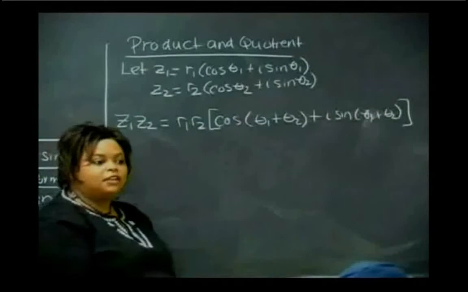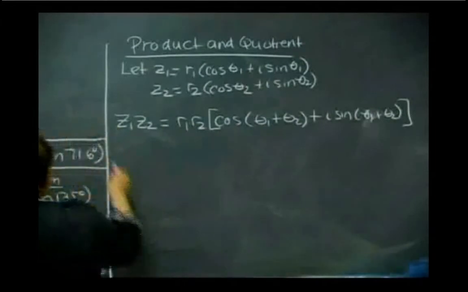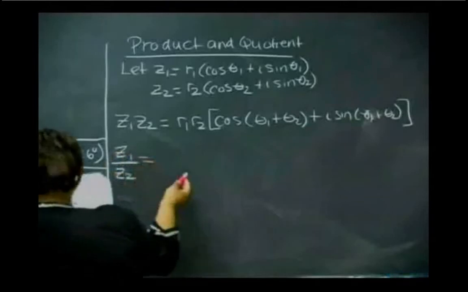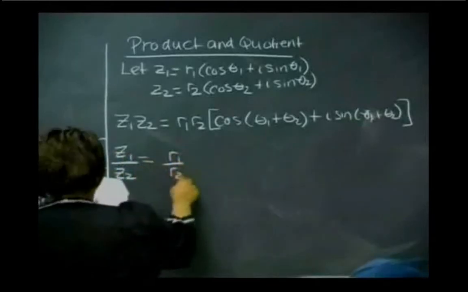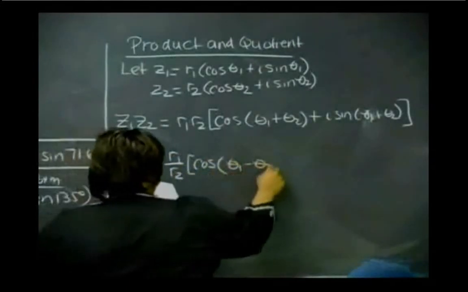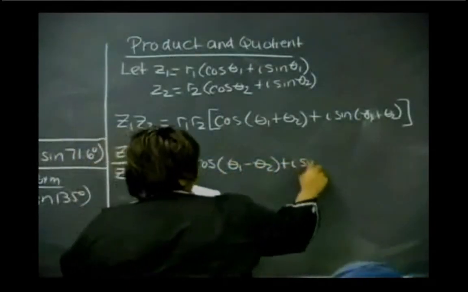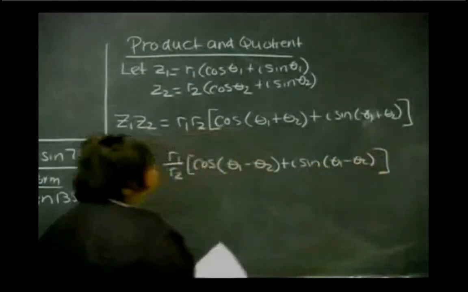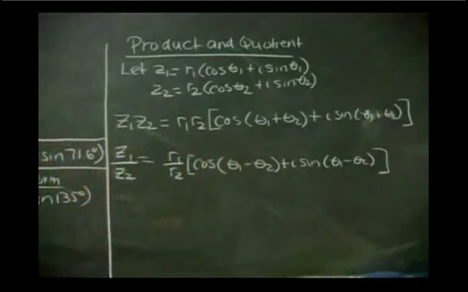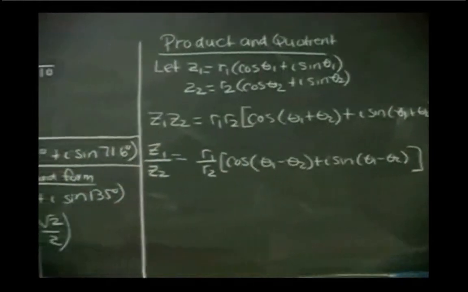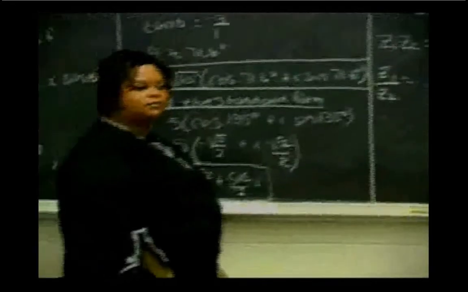To find the quotient, you divide the R's and then we subtract the thetas. Okay? To multiply, you multiply the constants and add the angles. To divide, you divide the constants and subtract the angles.